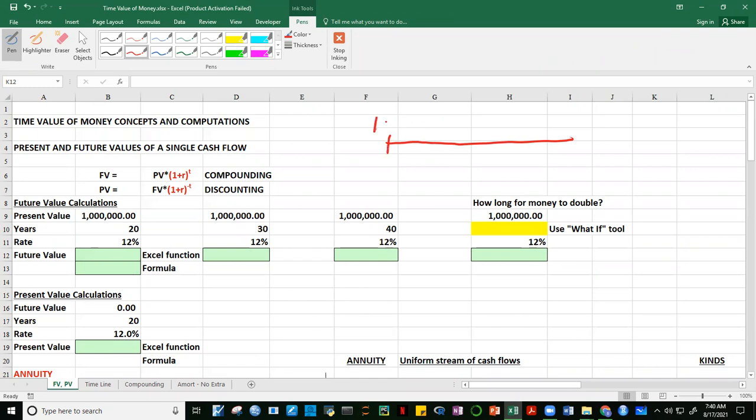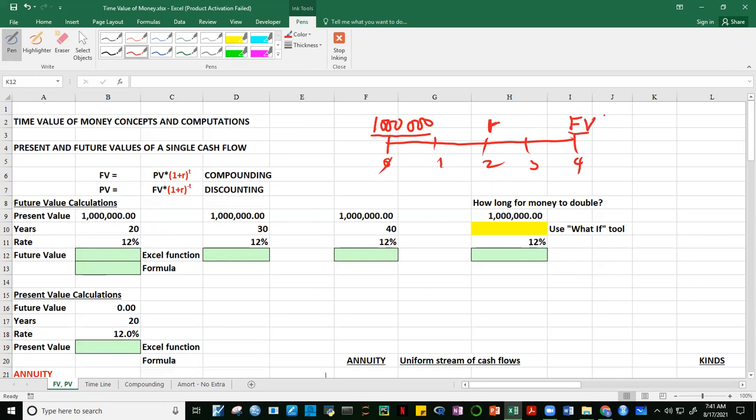So if we have, let's say, 1 million today at time 0 now, the question is how much that will be, say 4 years down the road. How much will this 1 million be after 4 years, assuming that it will earn an interest or a rate of return of R? That value down the road is called your future value.